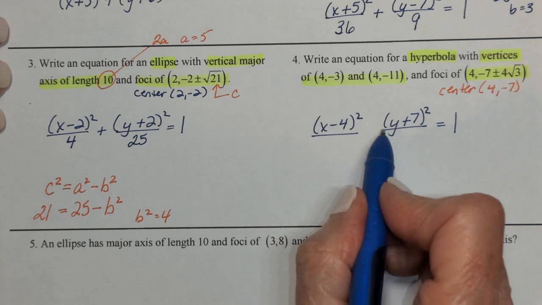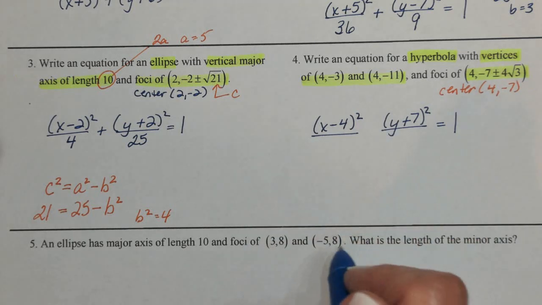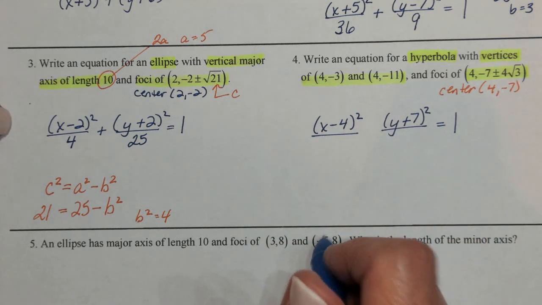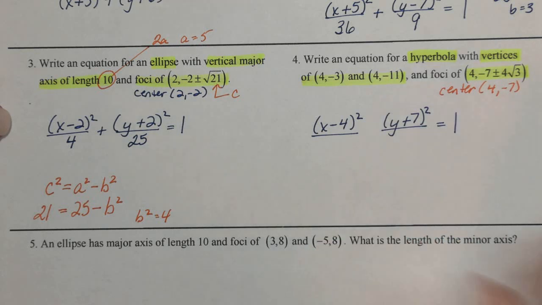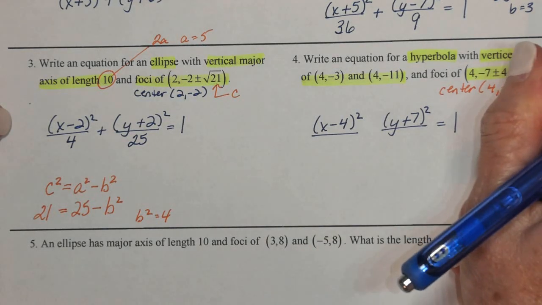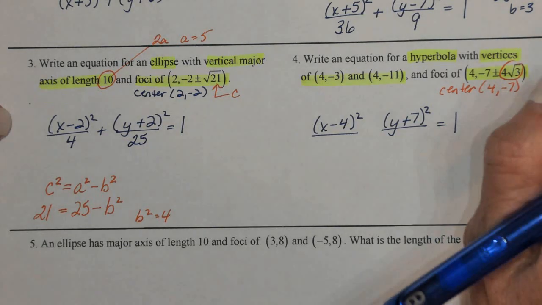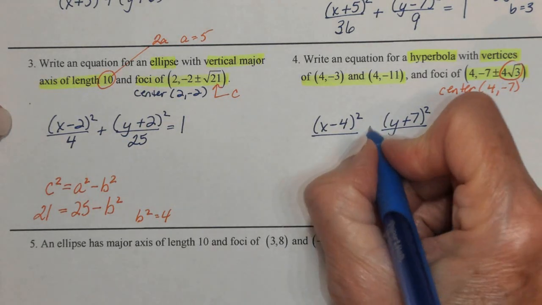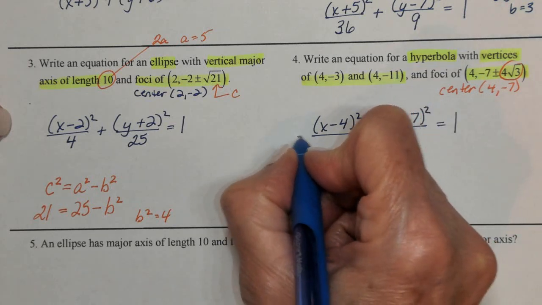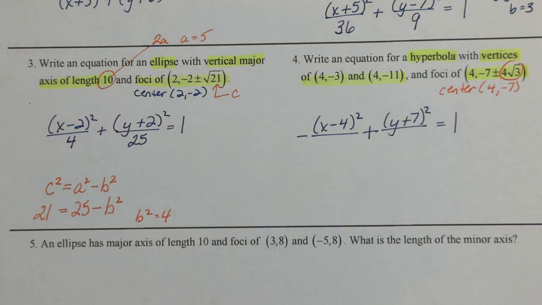My question is, where do I put the minus? Because somebody gets a minus, right? Notice that the c was added to the y coordinate. So that means the y piece must be positive, and the x piece must be negative.